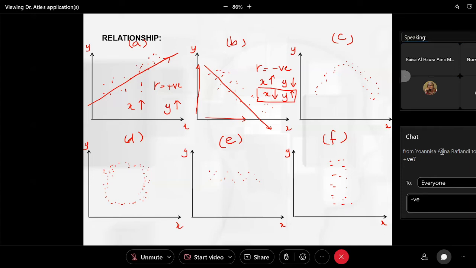Nadiatul Ashira. Okay, look at C. Is there any relationship between X and Y? Yes, there is. Okay, why?